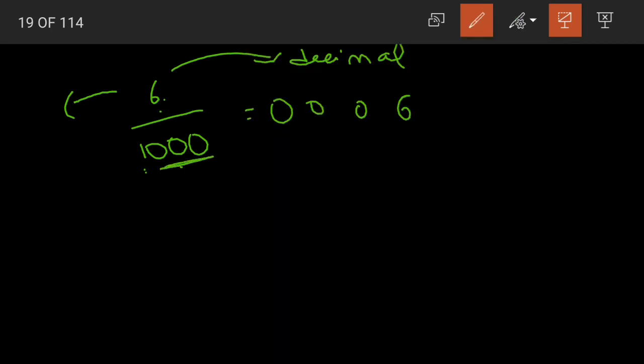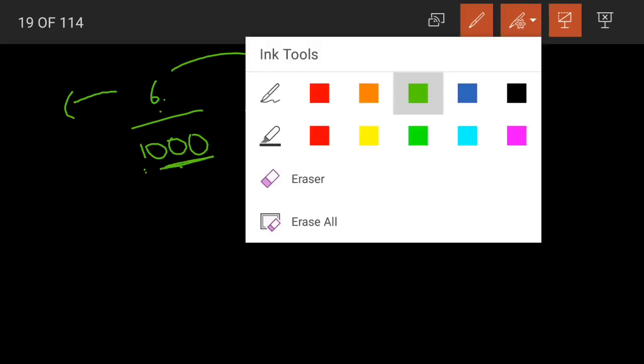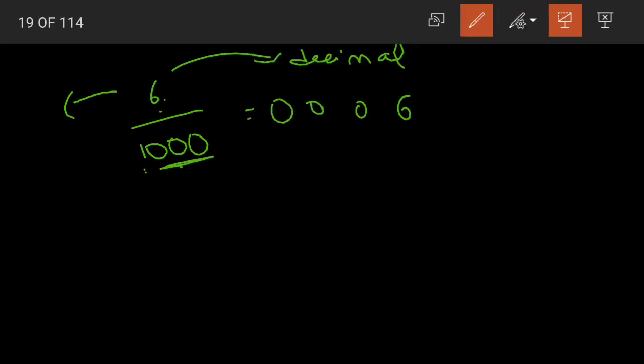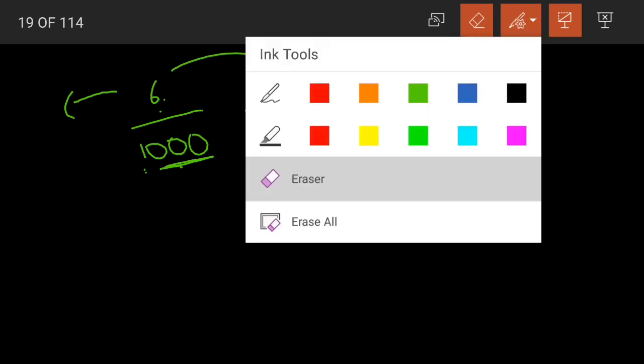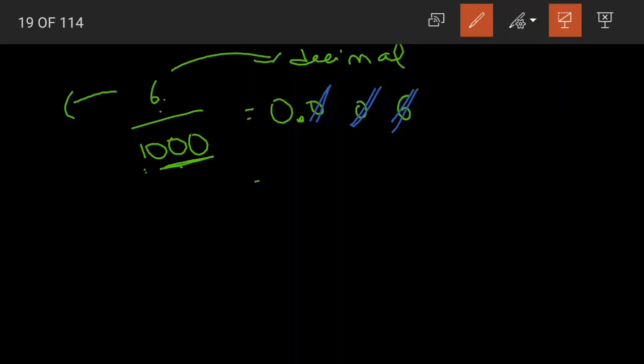We are having 3 zeros in the denominator. So from the number 0006, we count 3 digits from the right side: 1, 2, 3. After counting the 3 digits, we place our decimal point. 0.006 is our correct answer.